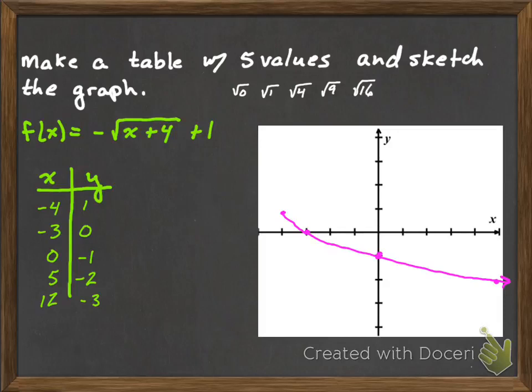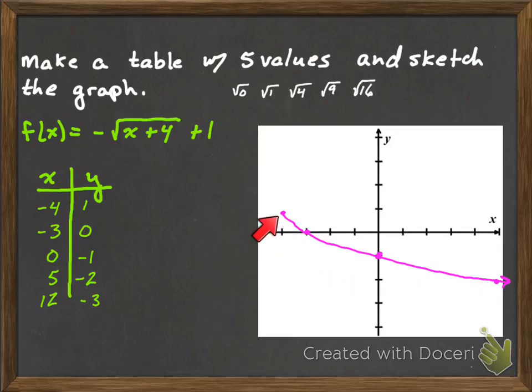Now notice the transformations. This is a shift to the left 4 and up 1. That is the location of the endpoint for this square root graph. We're going left 4 and up 1. The negative is your reflection over the x-axis, which means instead of going up like the normal square root graph, it's going to go down.